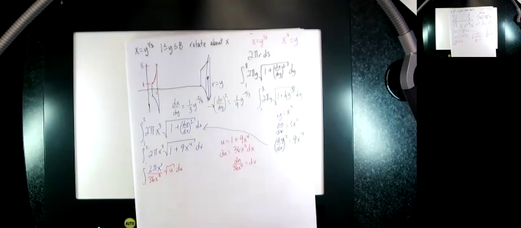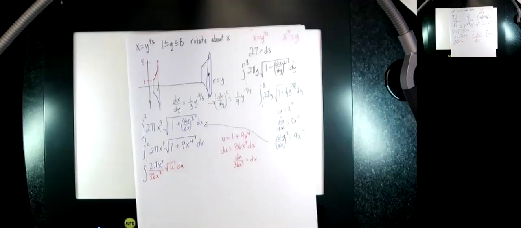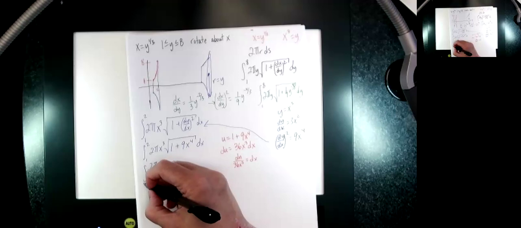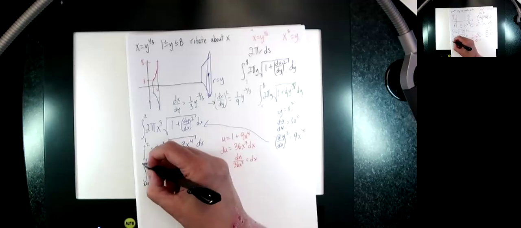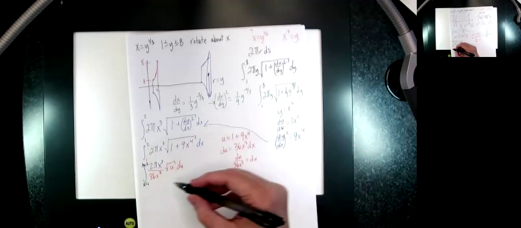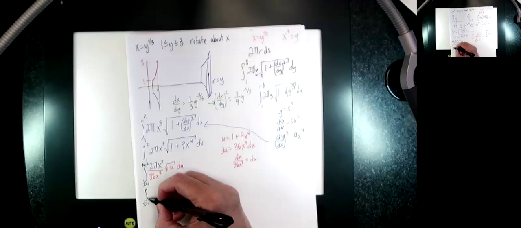Now I need limits of integration. I've been switching to u each time. If you want to leave them in x, you need to make a note that you're leaving them in x. So you'll have to write x equals 1 and x equals 2.